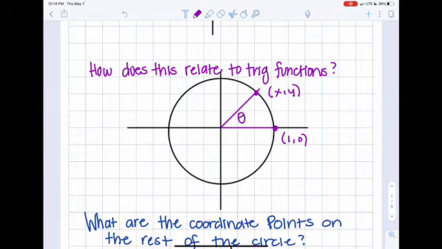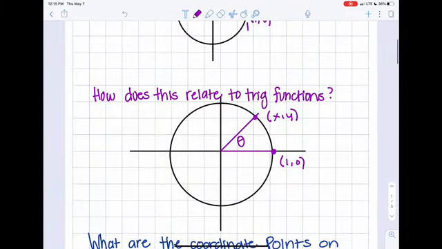Now, this is something new and we're going to go over it again in part of the lesson, but this is where the trig functions come into play, because in the last lesson, we were able to find specific angle measurements or specific lengths.